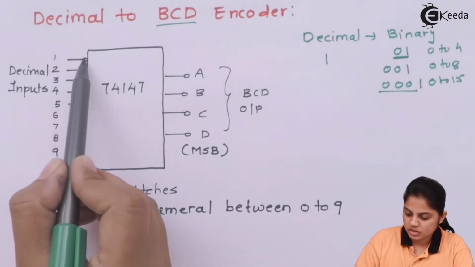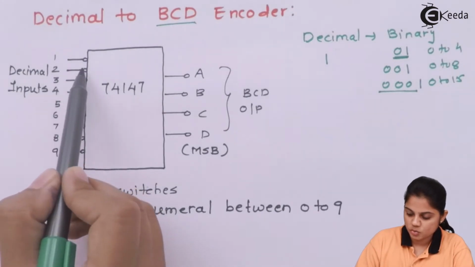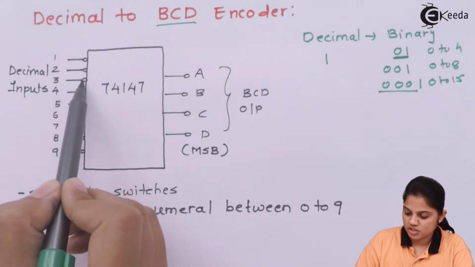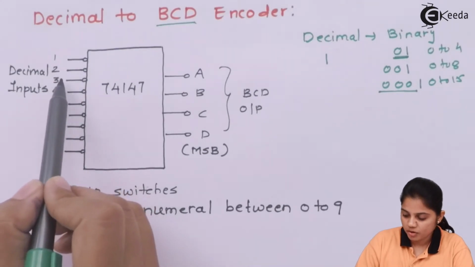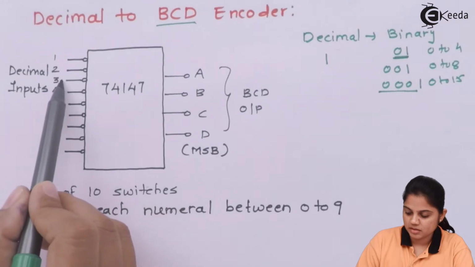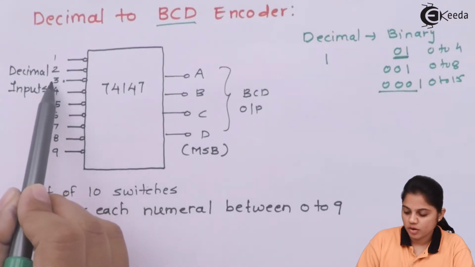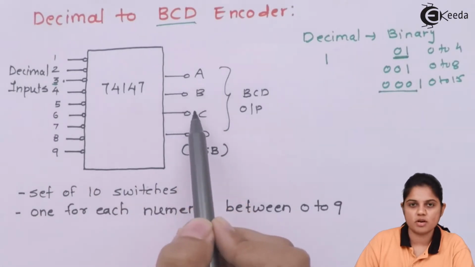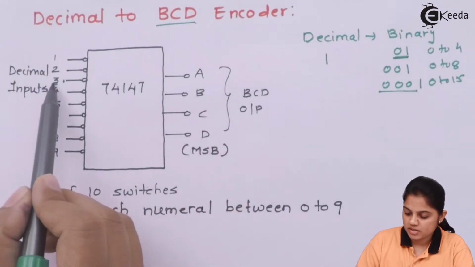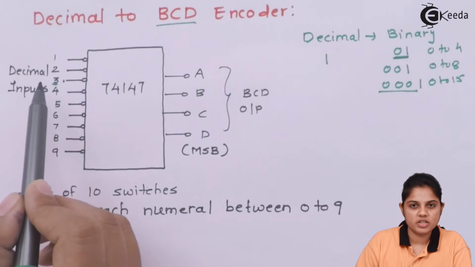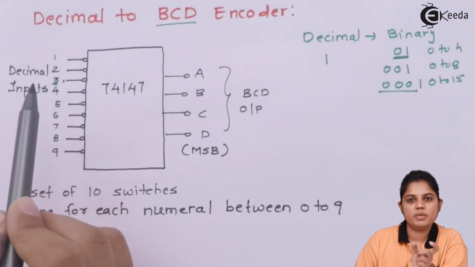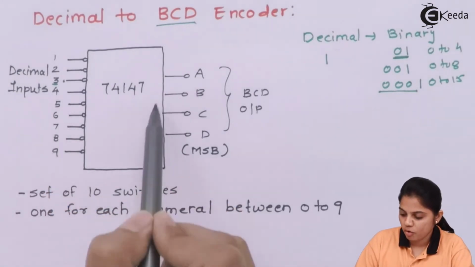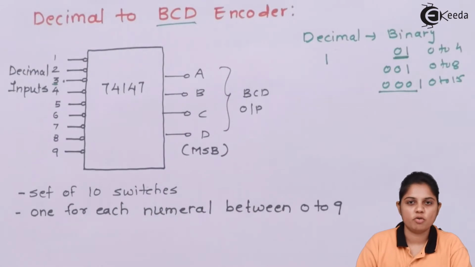This switch represents 1, this switch is for 2, this switch is for 3. Now if I press switch 3, whatever is the data of 3 will get produced across the output lines. Here 3 is a decimal digit, so this decimal digit will be represented in a binary format in these particular output lines.